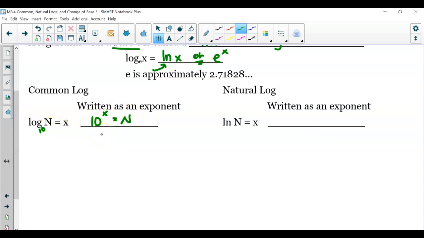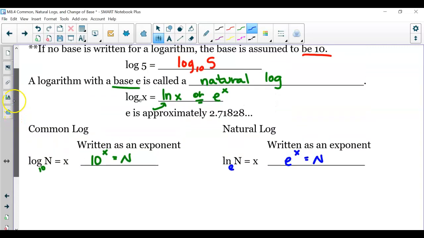Same thing with a natural log of n is equal to x. Remember, it has a base of e, so this is e to the x is equal to n. Keep in mind that this is how we write our common and natural log as an exponential, and we'll get to this when we talk about the change of base formula.